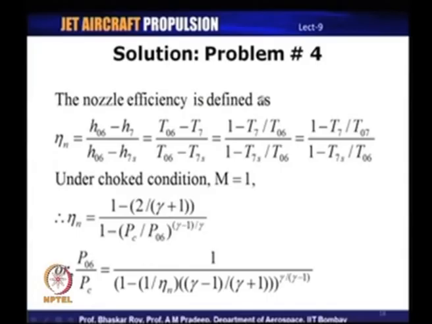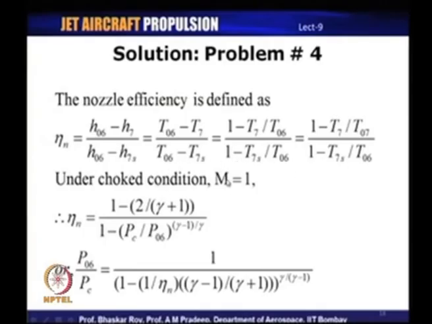This can be simplified as T06 minus T7 divided by T06 minus T7s, which is in turn equal to 1 minus T7 divided by T06, divided by 1 minus T7s divided by T06. Now, T06 is also equal to T07 because there is no change in stagnation temperature across the nozzle. So, we have 1 minus T7 by T07 divided by 1 minus T7s by T06.